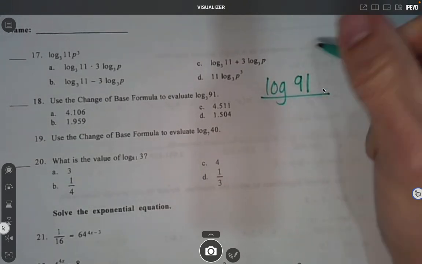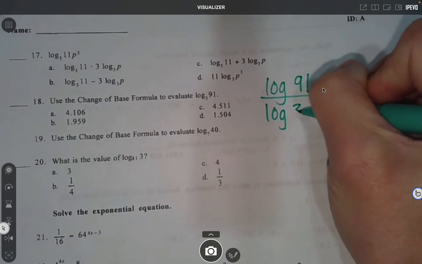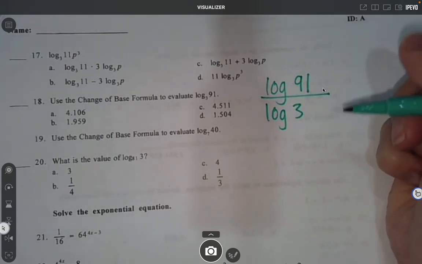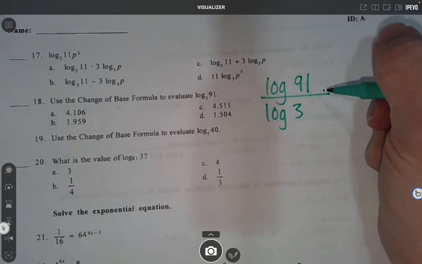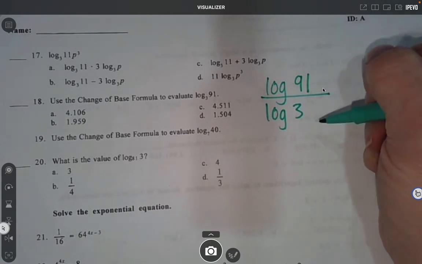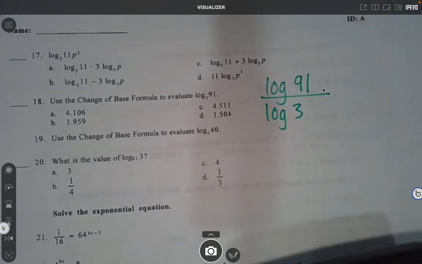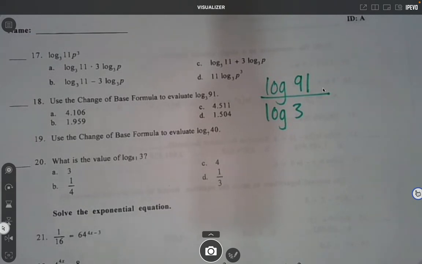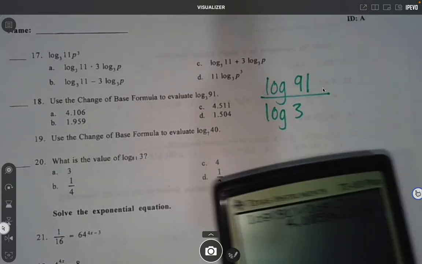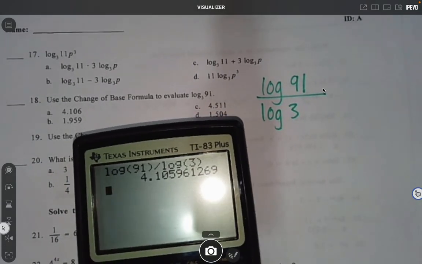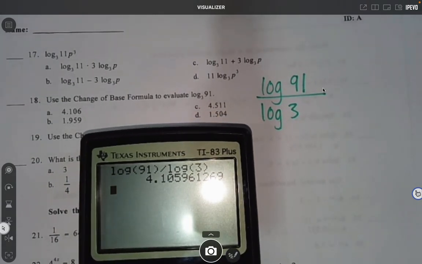Log of the number divided by log of the base, because you're changing the base. So you type it in your calculator, log 91 divided by log of 3, and what do you get? 4.106, and 18 is A.